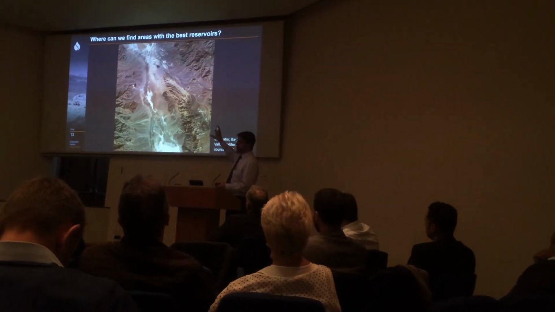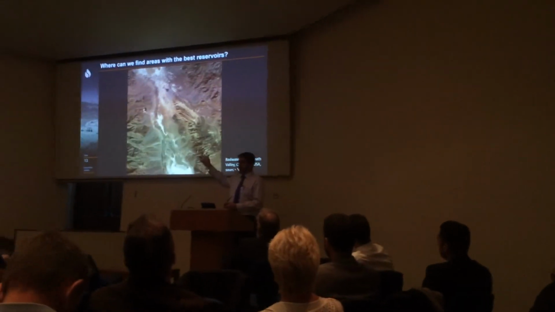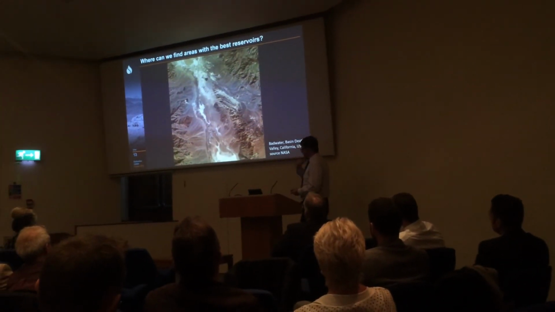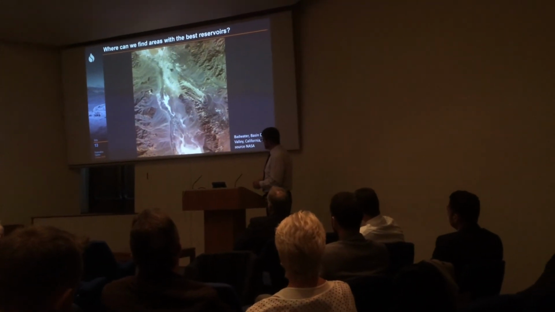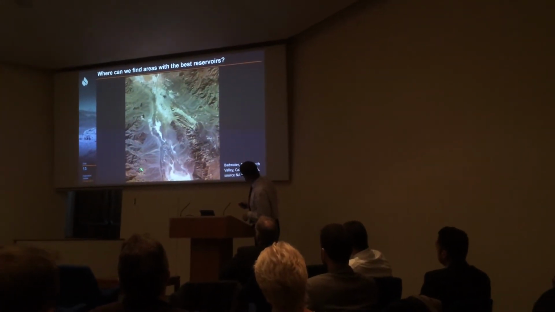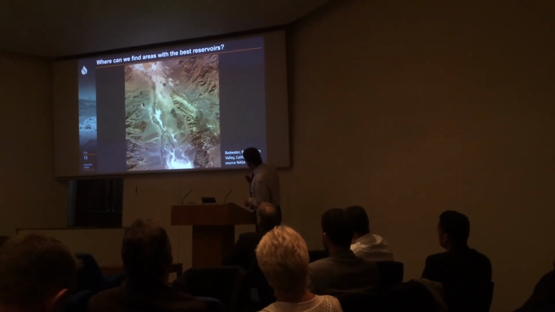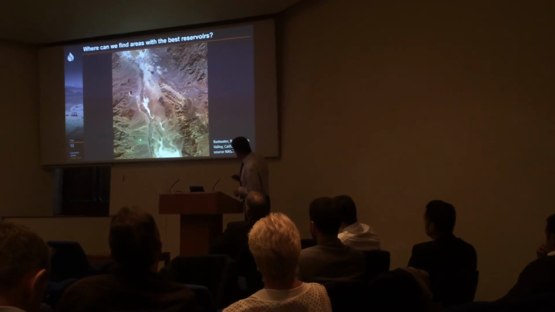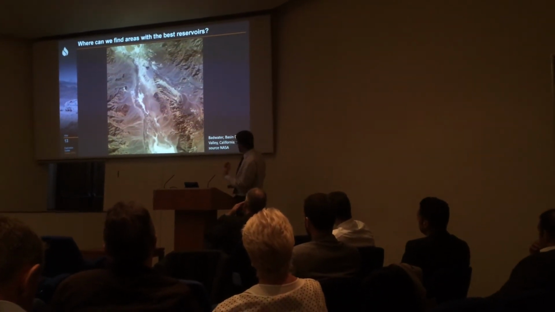So this is now a Google Earth image of our same area in Death Valley. I think it's nice because it demonstrates the reservoir models which we're building. So we're looking down now from satellite, but here you can see the mountains on this side, you can see the mountains on this side, and you can see those nice alluvial fans which we were talking about.